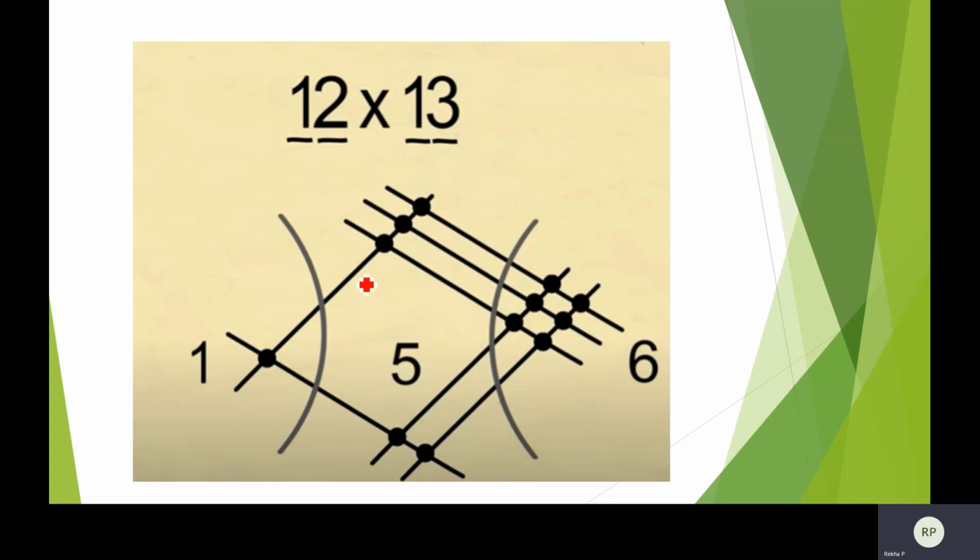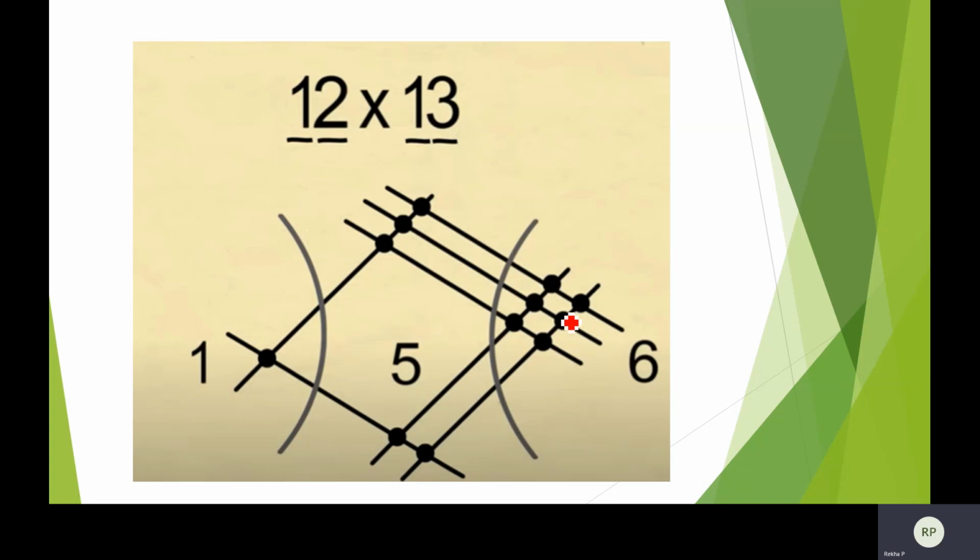Leave a gap and represent the next digit. Then, in the opposite direction, you draw the lines to represent the next number. So 13 is 1 and 3, and then you group the intersecting points in a diagonal manner and count the number of points.